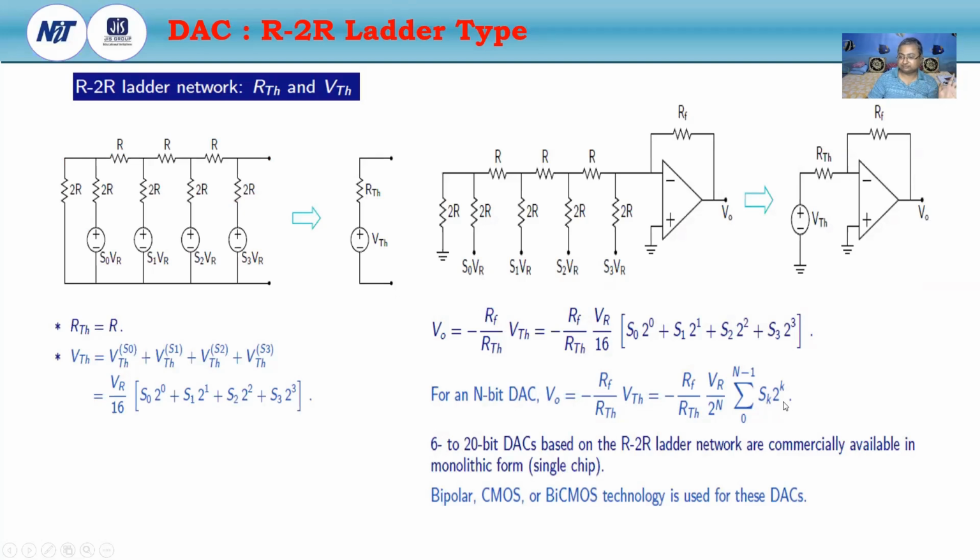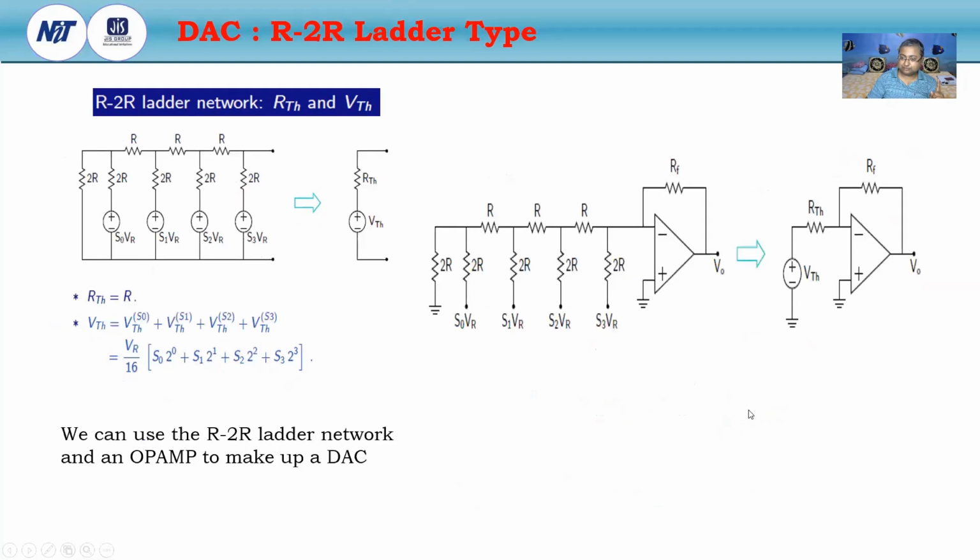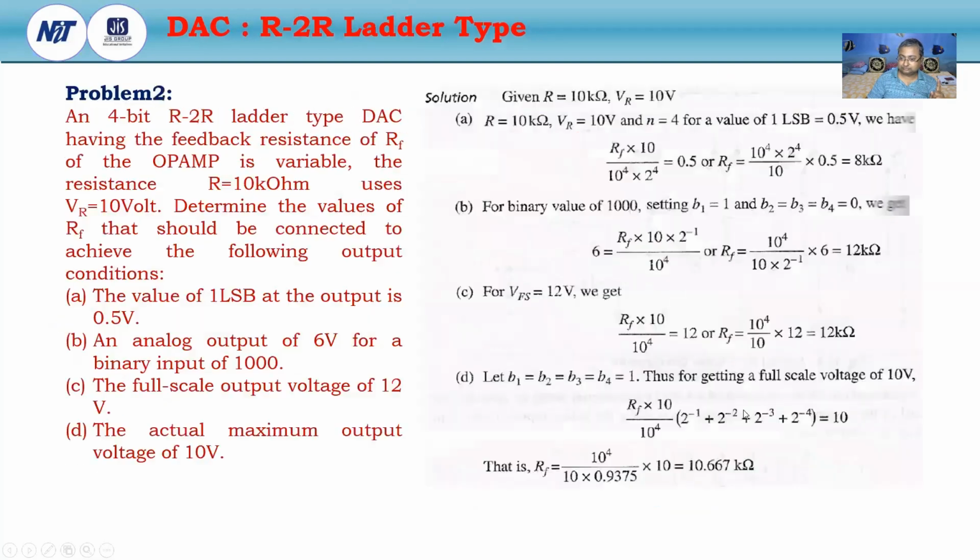This is very simple. N is equal to 4. Here SK means 3. So if I put the value, this is complicated as written over here.